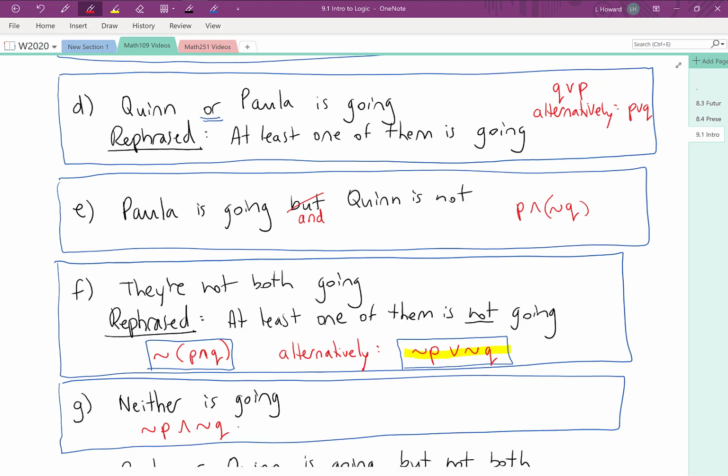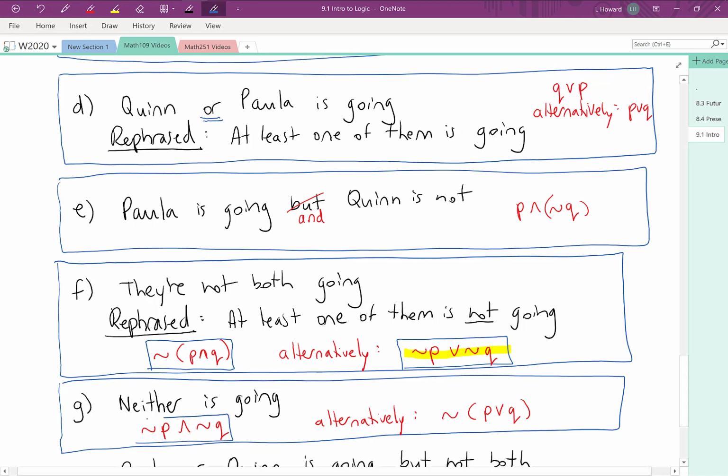So not P and not Q. Alternatively, if you prefer another way to say this, you could say not (P or Q). So if you say it the first way, you're saying Paula's not going and Quinn's not going. If you say it this way, then you're more like saying it's not the case that Paula or Quinn is going. So two different ways of saying the same thing.